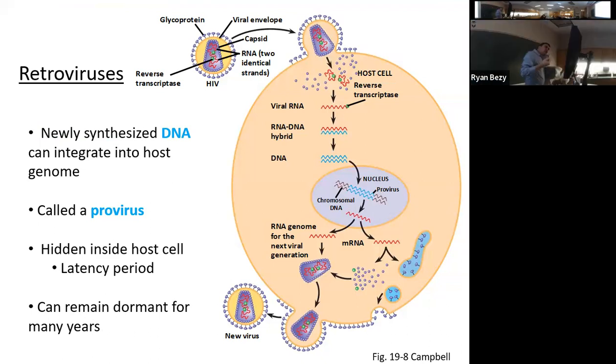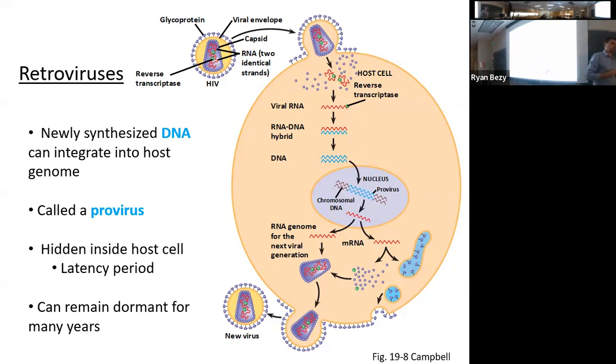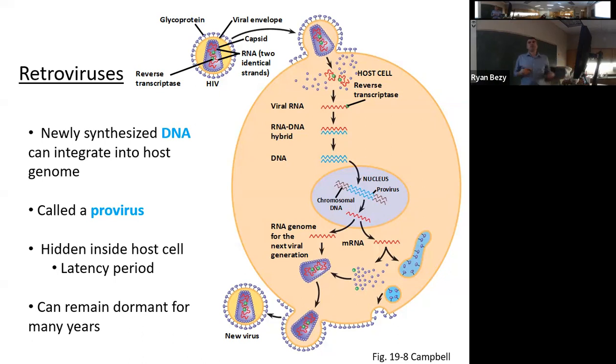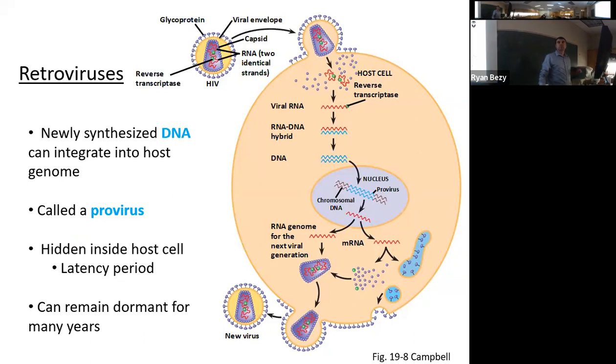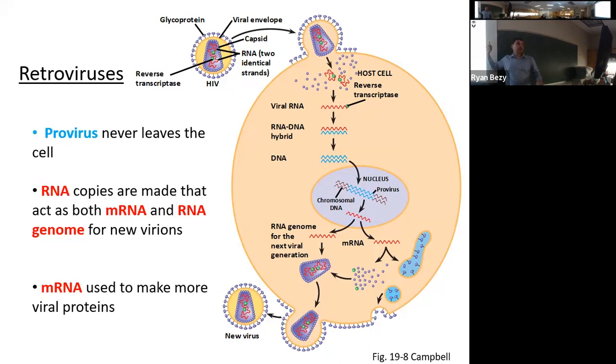This is why people with HIV can go long periods of time, sometimes years and decades, with no noticeable symptoms in some cases. Many types of retroviruses do have these latency periods. The provirus actually never leaves the cell, in the case of a retrovirus.